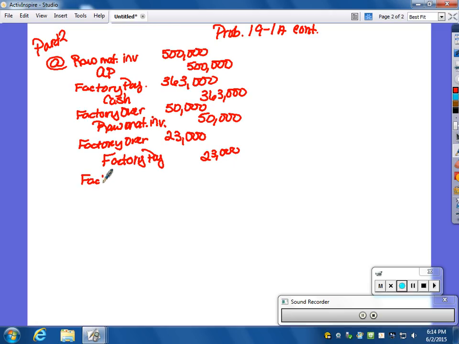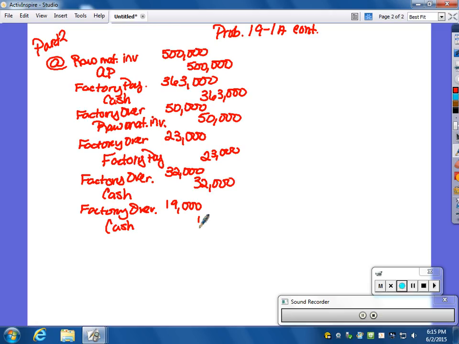Factory overhead, because remember, it all falls under overhead. And then credit what? Cash. How much? 32,000. Okay, the factory utilities. Look, factory overhead is still factory overhead. What's the credit? Cash. What amount? 19,000.